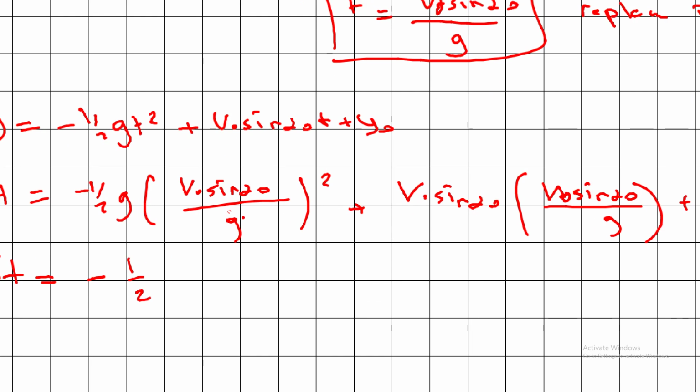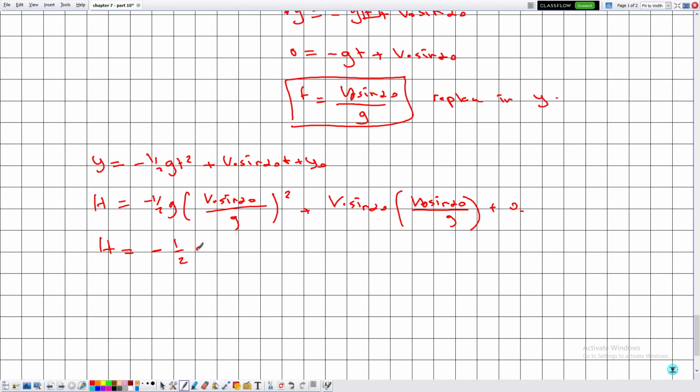Now let me do them explicitly. So this g goes out with this because this part is also for g, so it's given by minus half v0 square sine square alpha 0 over g.